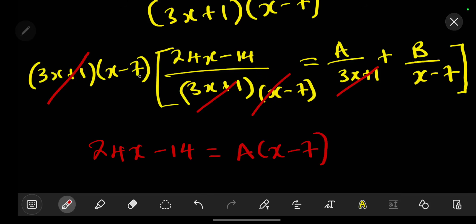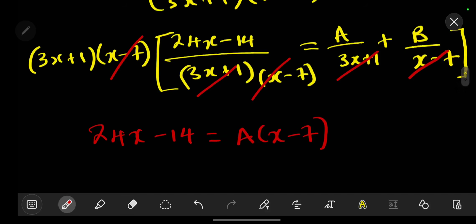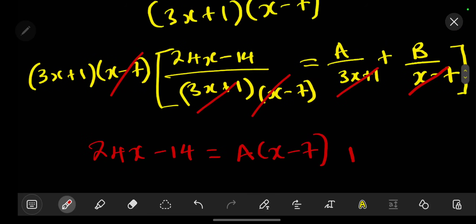Then for the second part, this 7 cancels out with that, and we have plus b, then open brackets, 3x plus 1.